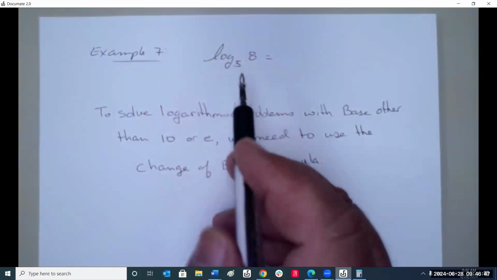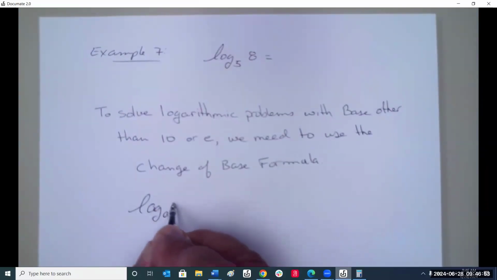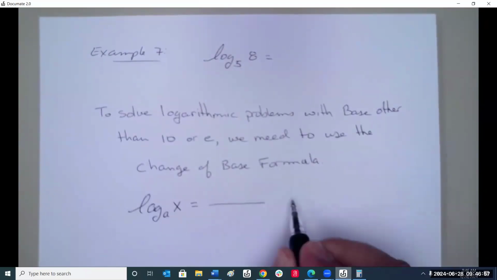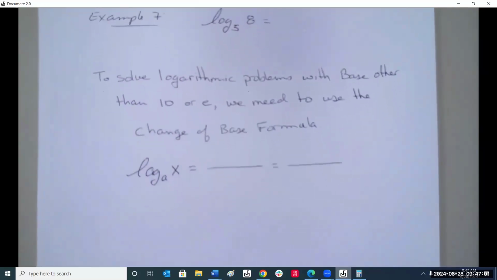Because we can't have 5. So the change of base formula looks like this. It could be either one of these. There are 2 actual formulas, because it's the ratio that matters.